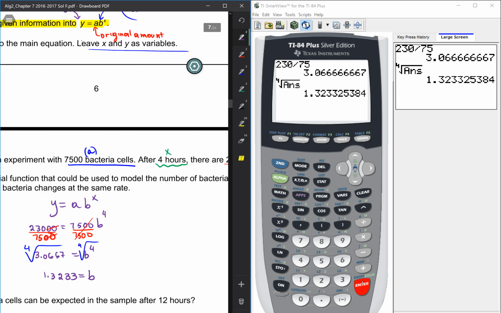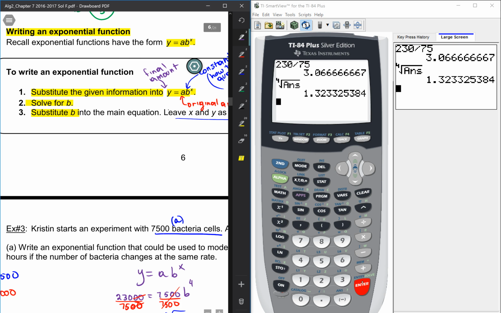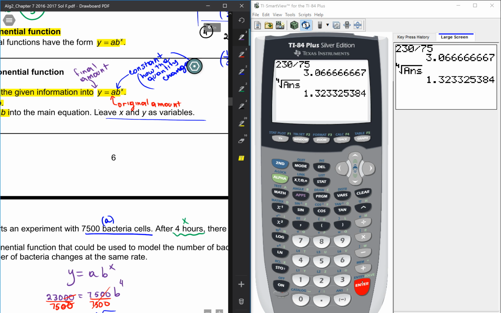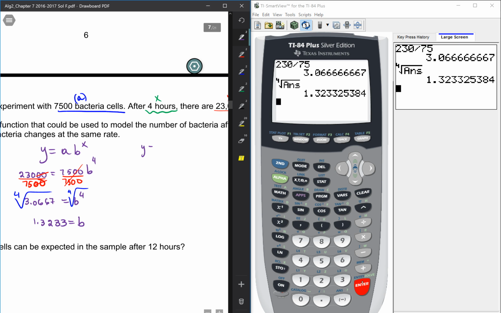All right. Now, remember what the last part of the process was? It is to substitute B into the main equation. So I'm going to rewrite the main equation, y equals a b to the x. Now, I put in a, I put in b, but x and y have to stay variables.